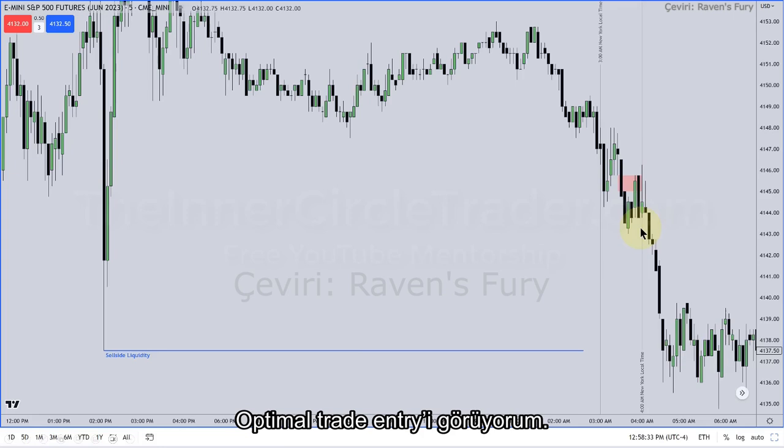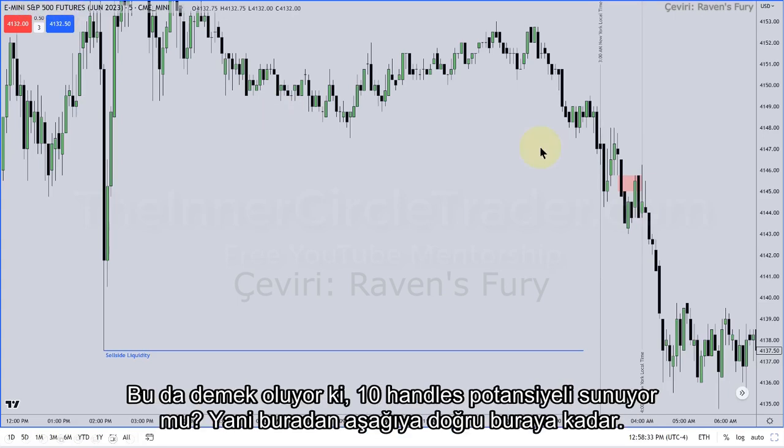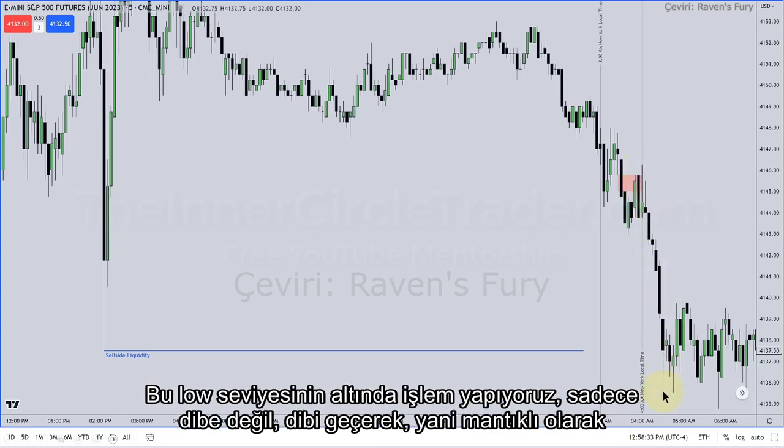It would have never stopped you out with the rules I teach with all of my models here, especially the optimal trade entry. The idea for this would be to look for a minimum of, what market is this? It's a futures contract. So that means, does it offer the potential for 10 handles? So from here down to here, trading below this low, not just to the low, but to it and through it.